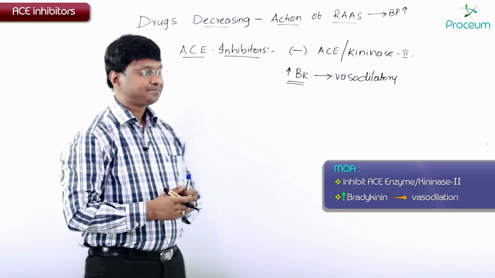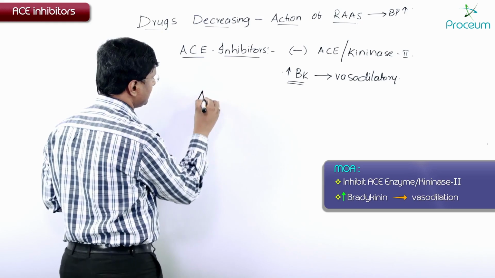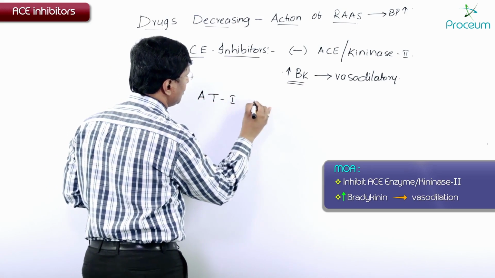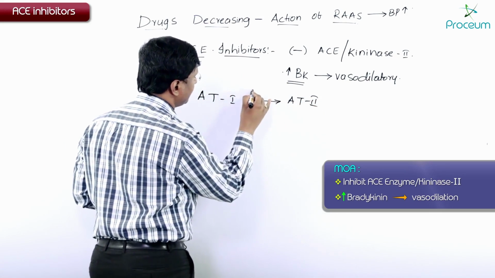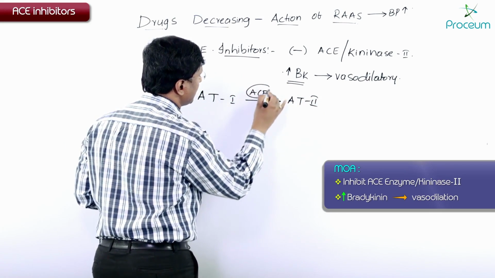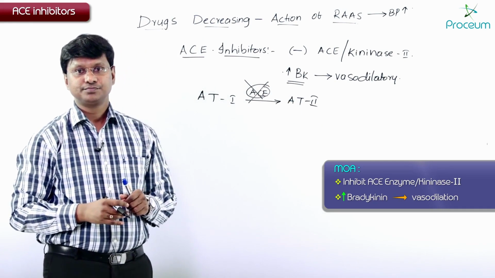Now, what I have said is that these ACE inhibitors will inhibit the ACE enzyme, thereby angiotensin 1 is not converted into angiotensin 2.